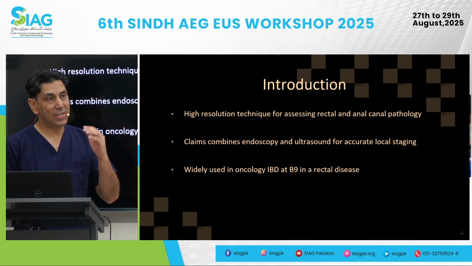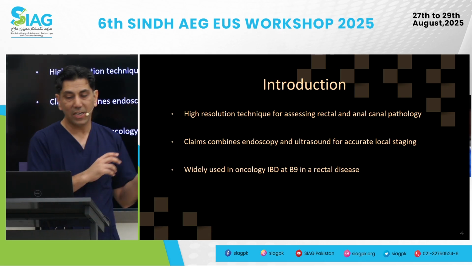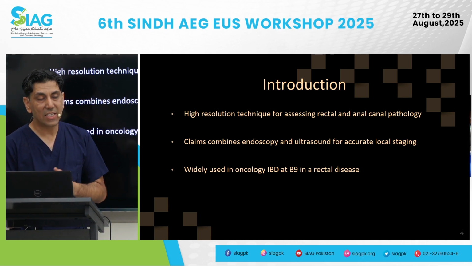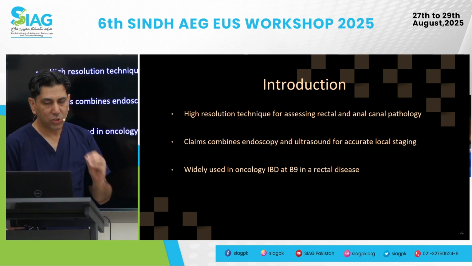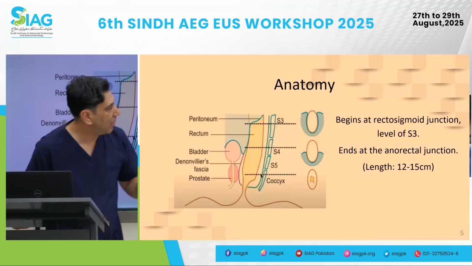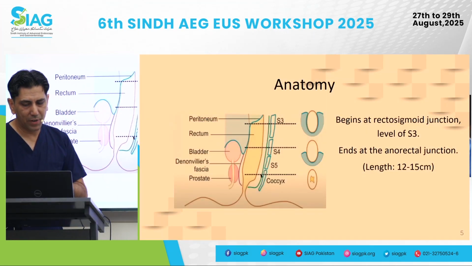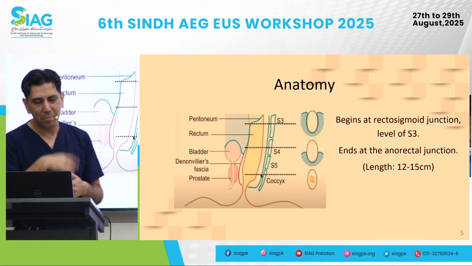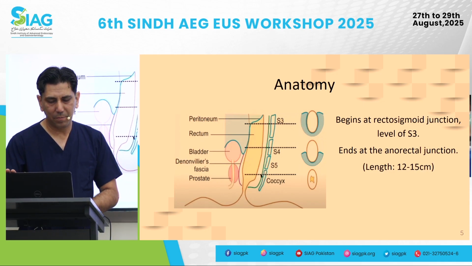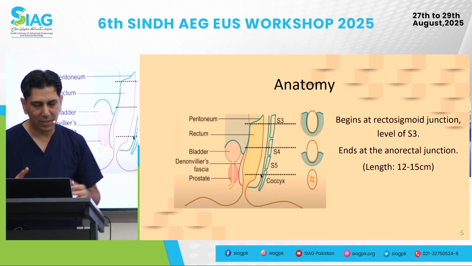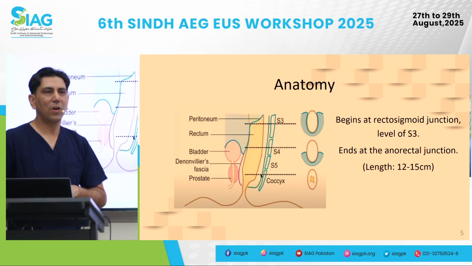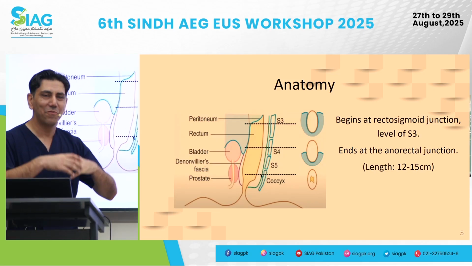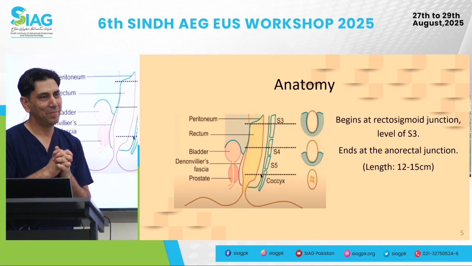This is again an area where we may see further advancement and some benefit that we can potentially offer to our patients, not only in IBD, but also in anorectal diseases.